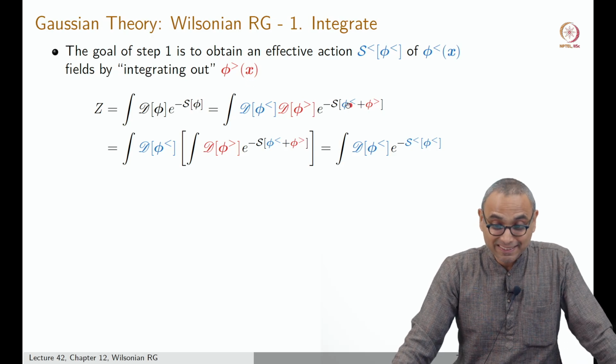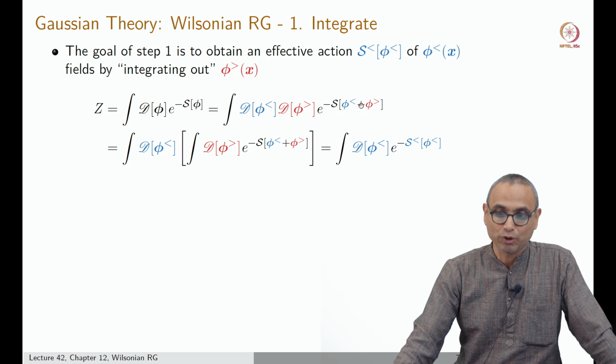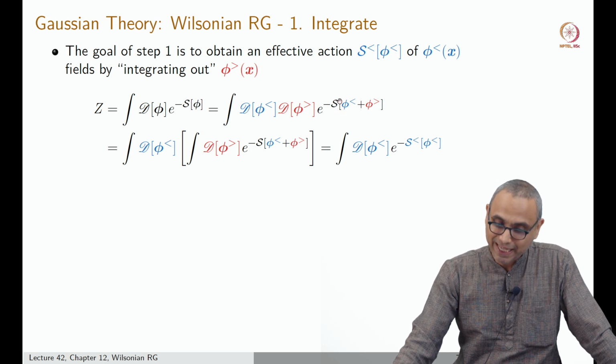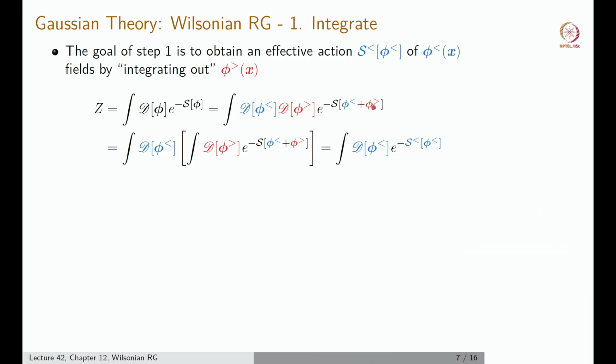And this action now I am writing, recalling that phi is equal to phi less than plus phi greater than, as a functional of the sum of these two things. Now what I will do is take this piece and first perform the functional integral on phi greater than.